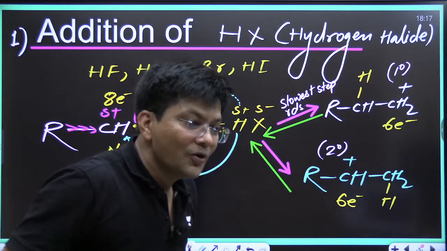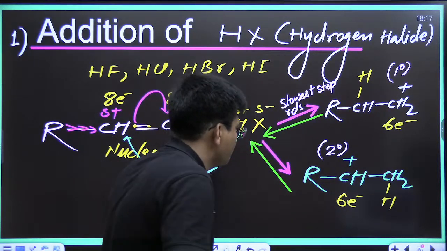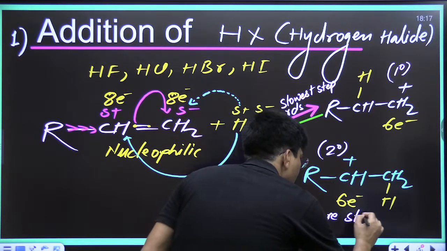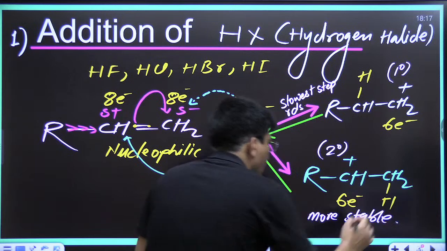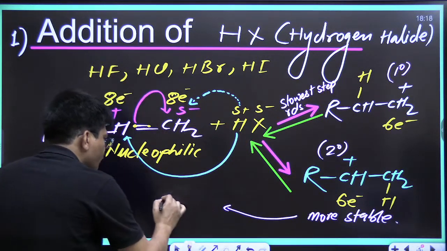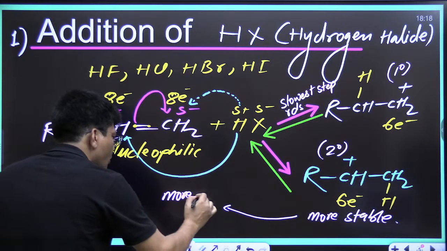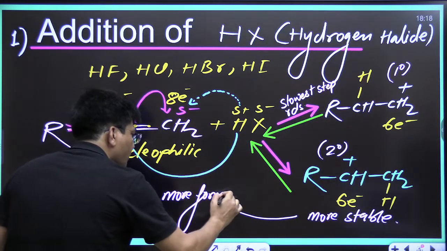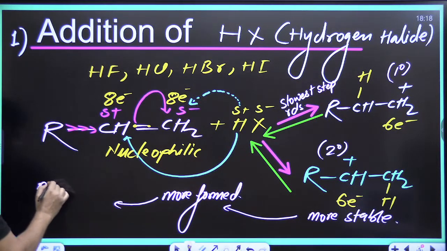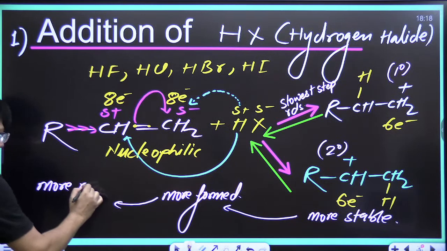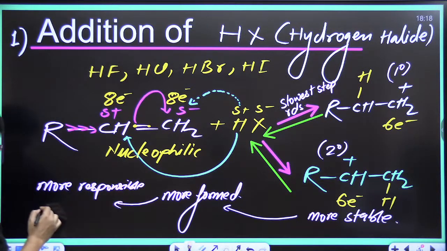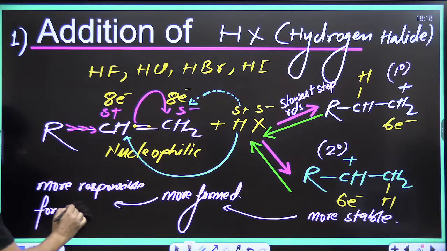2 degree carbocation. This is more stable. My dear students, remember that the more stable the carbocation, the more it is formed, and the more responsible it is for the major product.